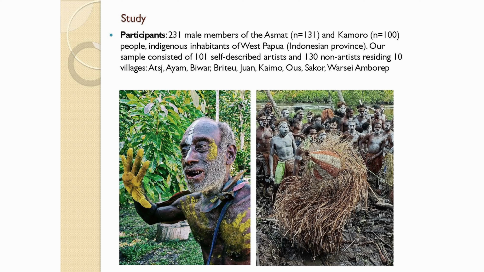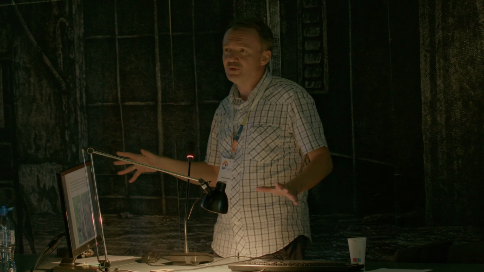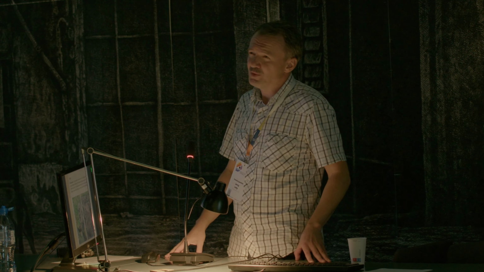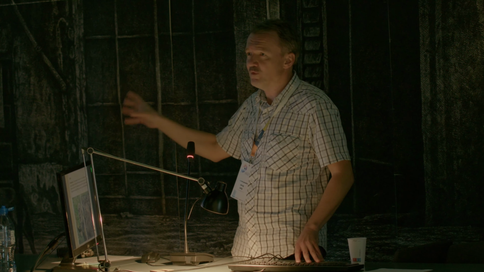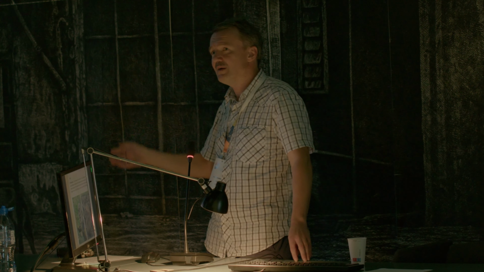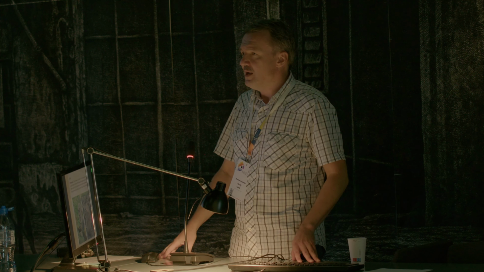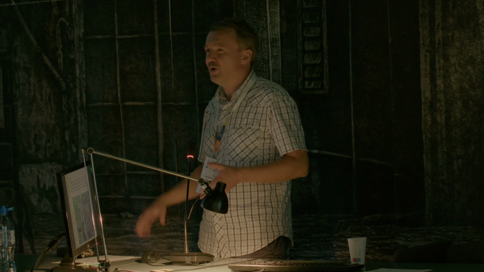So the study consists of 231 male members of Asmat and Komoro societies. They are indigenous people, so they are living their lives in the hunter-gatherer way. So they usually don't have very stable settlements. They move from one place to another every couple of years. They don't have their own animals.